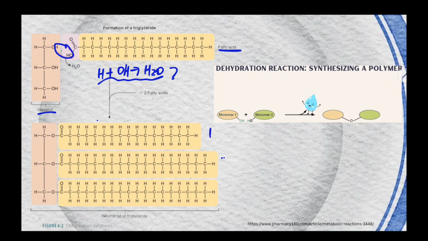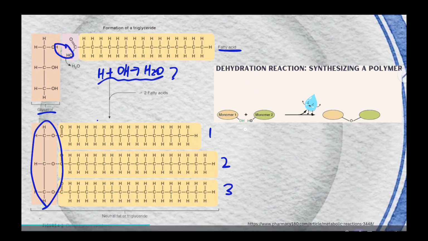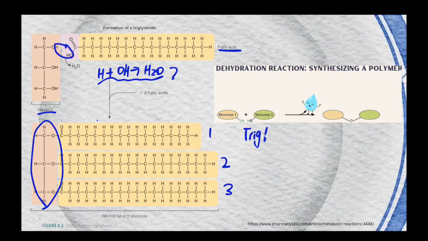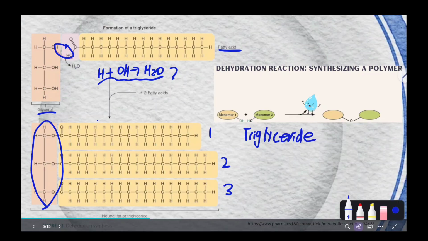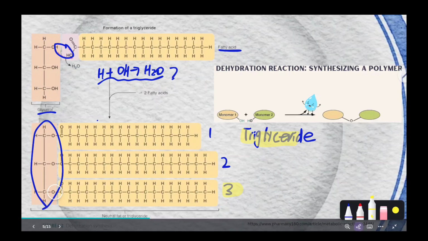Now there are 1, 2, and 3 fatty acids with only one glycerol. Now triglyceride, as you can see in the name, tri came from 3 and glyceride came from glycerol.